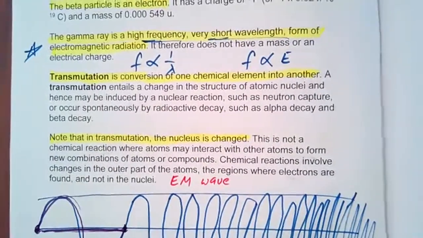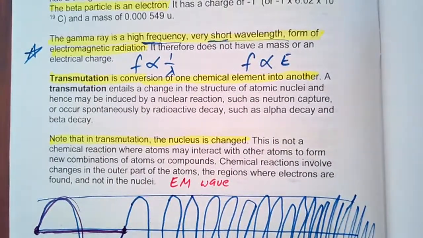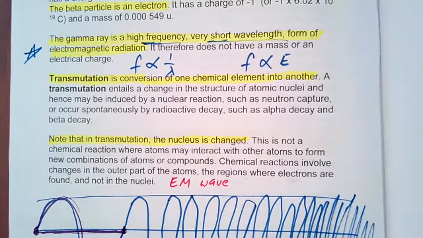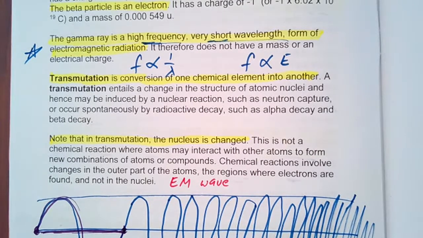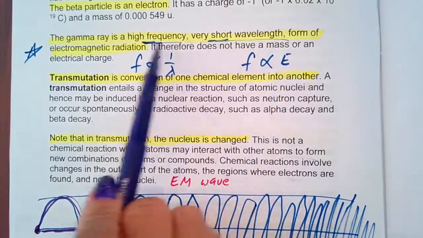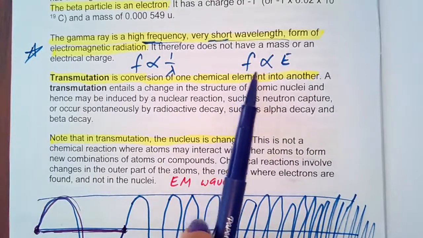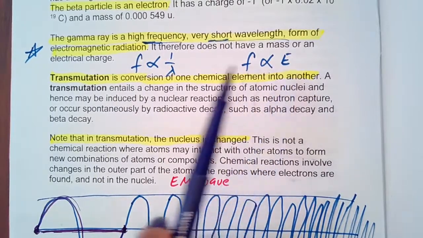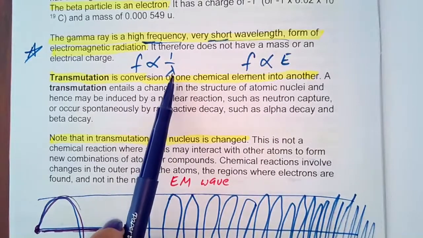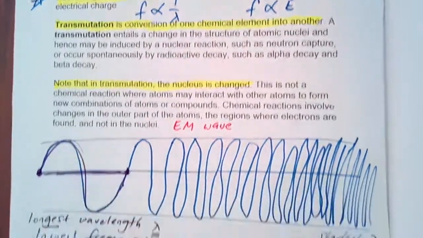This is an idea that came from Max Planck and gave us Planck's equation, one of the most important and actually the foundation of quantum mechanics. Frequency is proportional to the energy level, and frequency is inversely proportional to the wavelength of the wave.